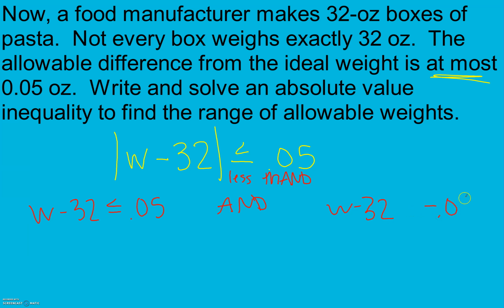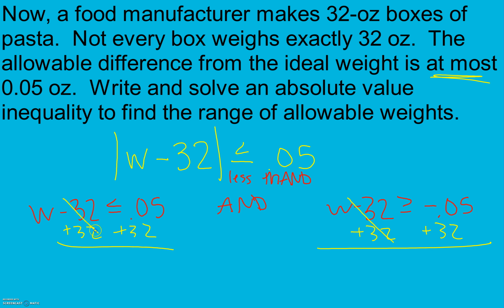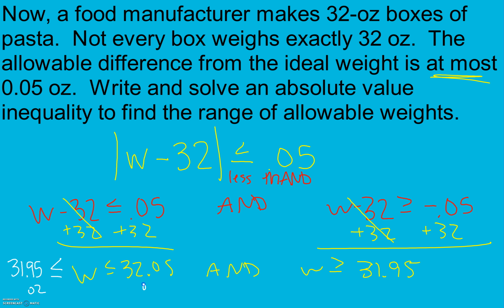To change it to negative, we have to flip our inequality. Add 32. W is less than or equal to 32.05, and W is greater than or equal to 31.95. You can write that as one inequality if you want to, because it's an and, like this, and these are ounces.